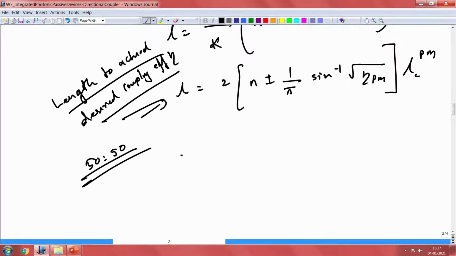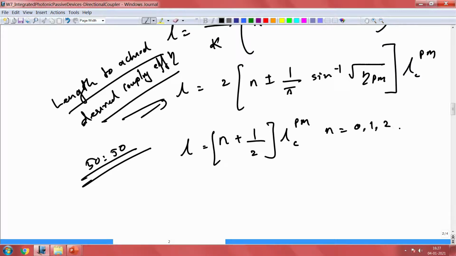The length would become n plus 1 by 2 times Lc. So, this is our 50-50 coupling where n is an integer.